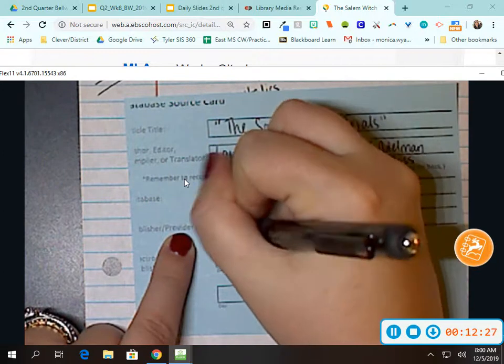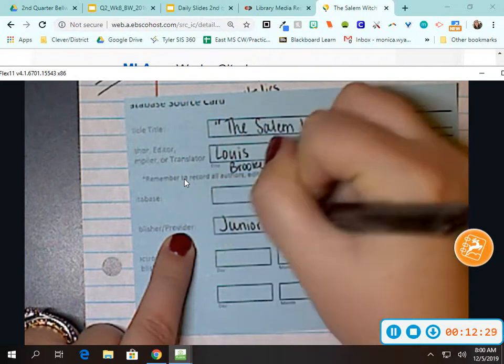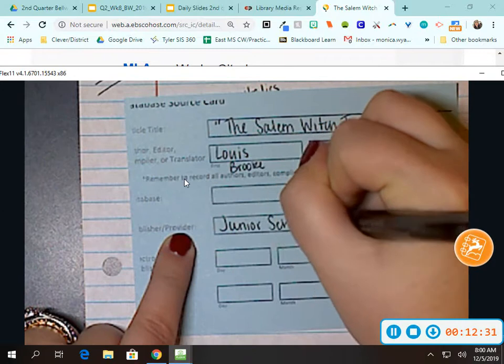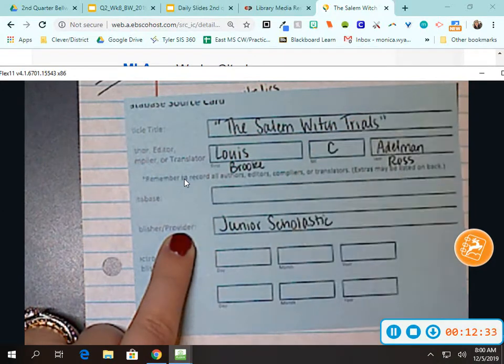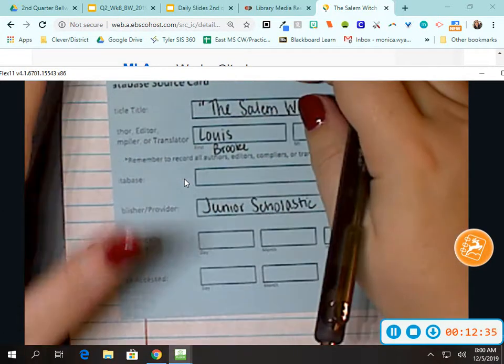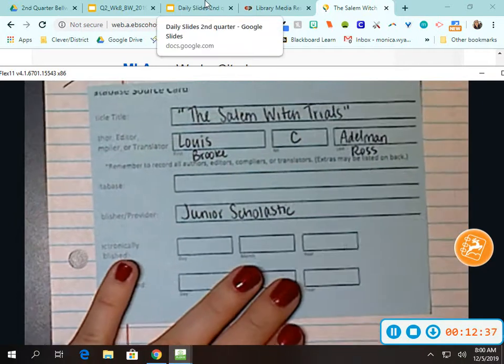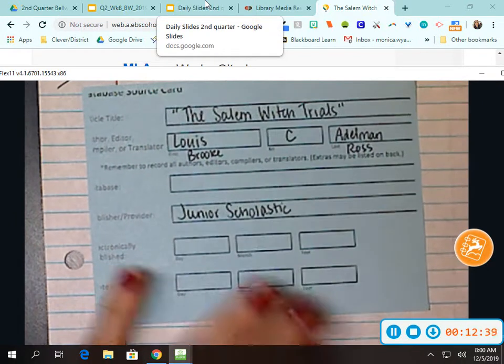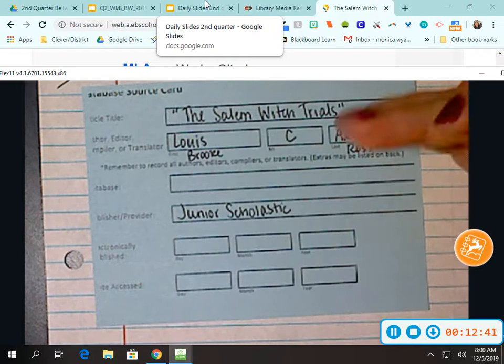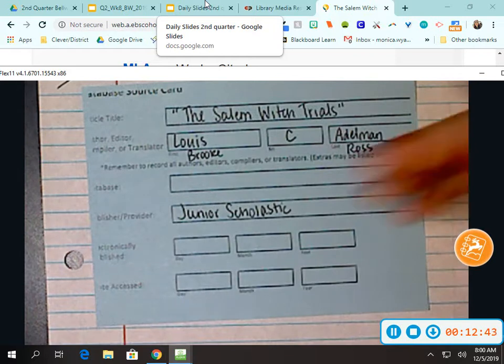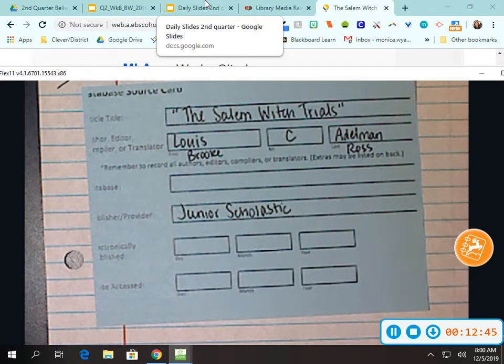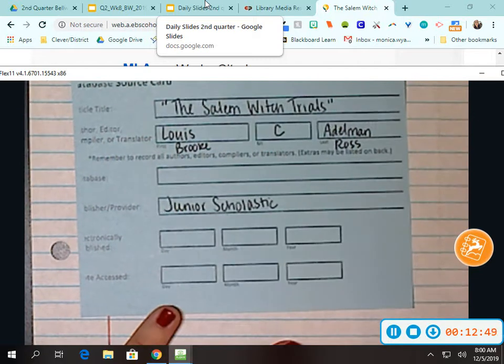So Junior Scholastic. Technically you can't write in italics. I mean, you could try, but it's not going to be the same. You could if you wanted to, but it's not that serious.